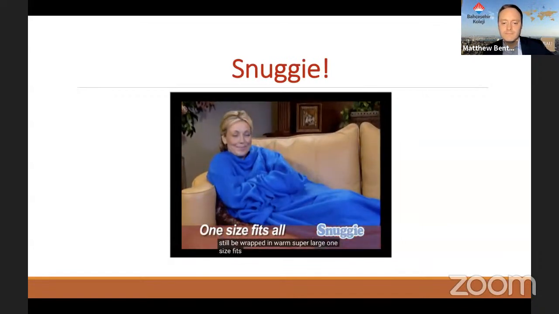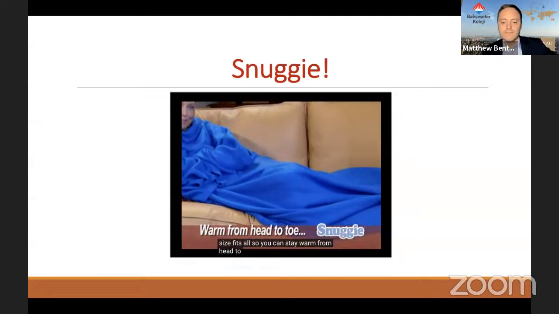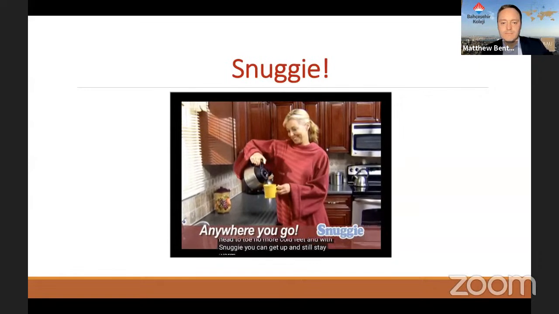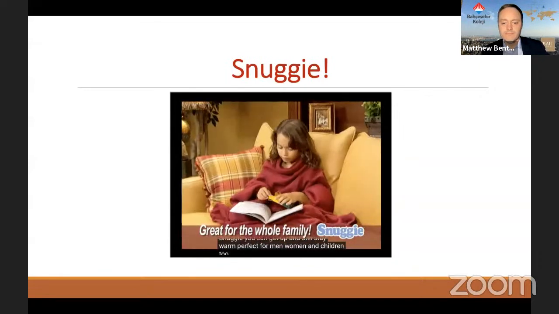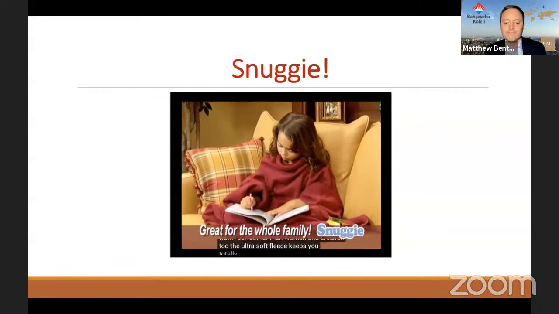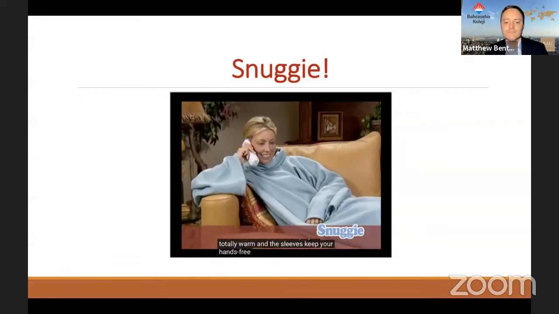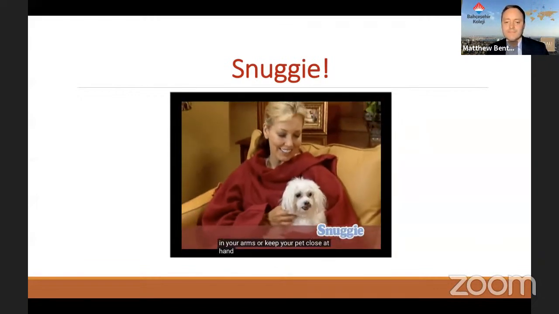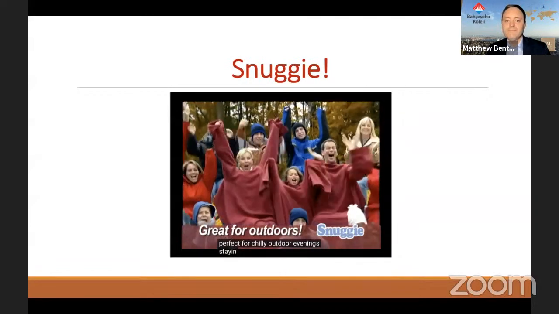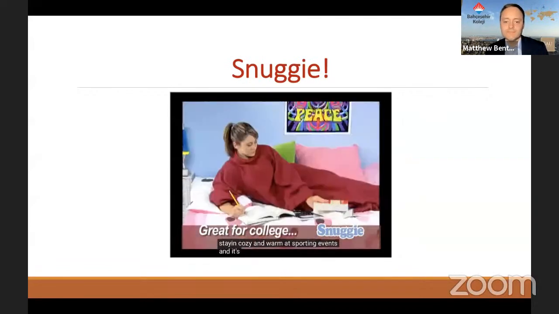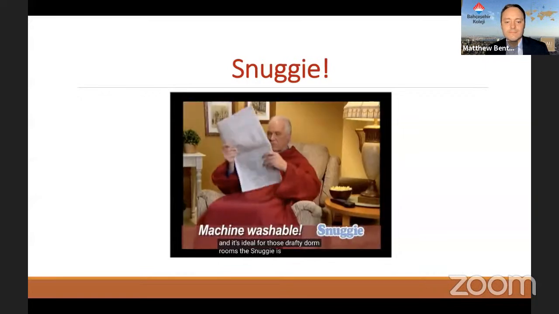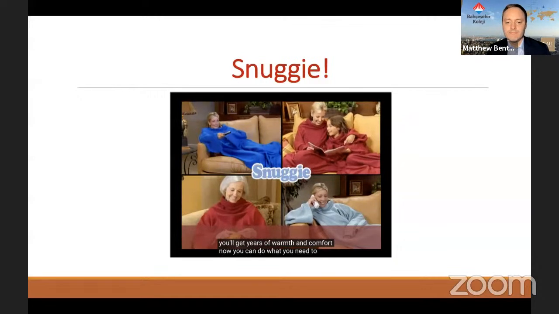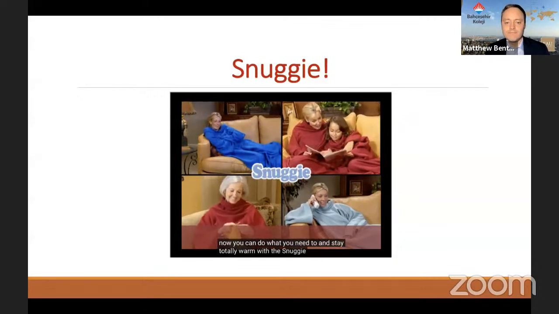Super large, one size fits all, so you can stay warm from head to toe. No more cold feet. And with Snuggie, you can get up and still stay warm. Perfect for men, women, and children too. The ultra-soft fleece keeps you totally warm, and the sleeves keep your hands free. So you can snuggle your baby in your arms or keep your pet close at hand. Perfect for chilly outdoor evenings, staying cozy and warm at sporting events. And it's ideal for those drafty dorm rooms. The Snuggie is machine washable, so you'll get years of warmth and comfort. Now you can do what you need to and stay totally warm with the Snuggie.